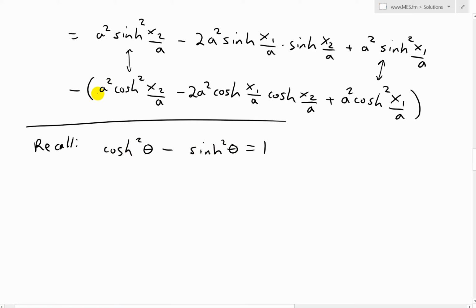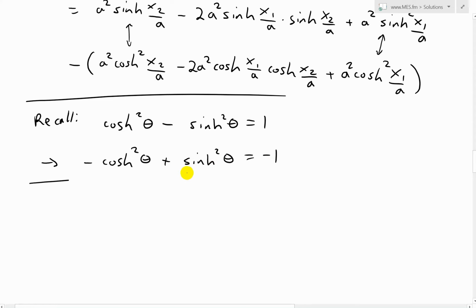In this case we have a minus on the cosh, so we put a minus on both sides: minus cosh squared theta plus sinh squared theta equals negative 1.